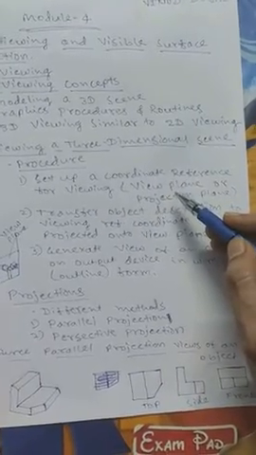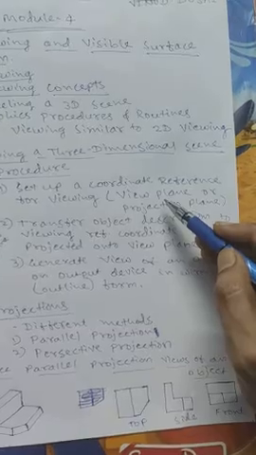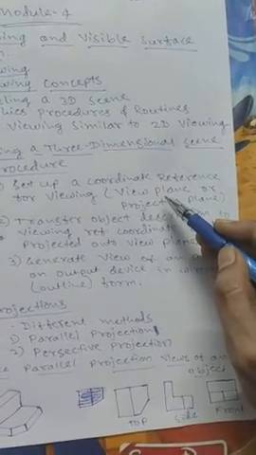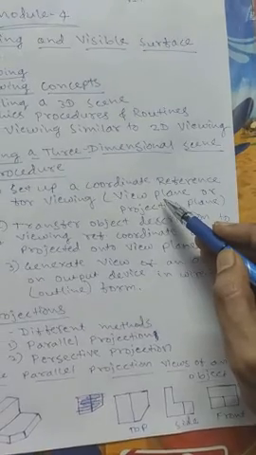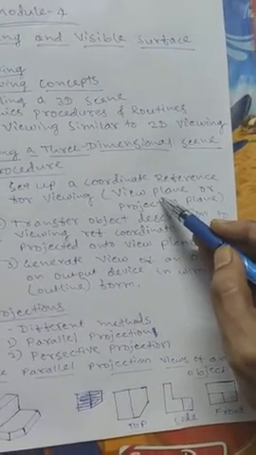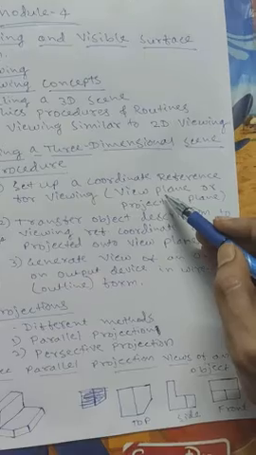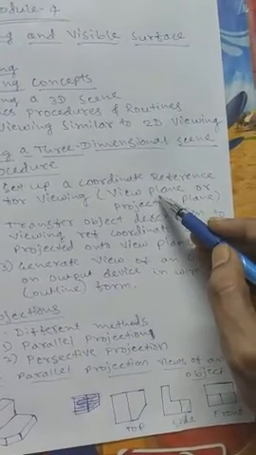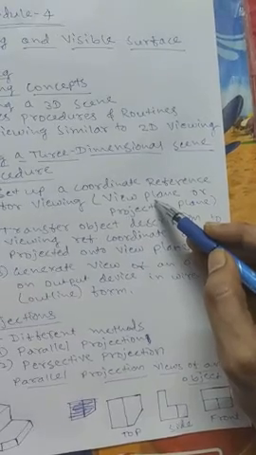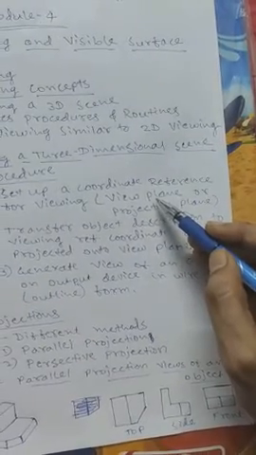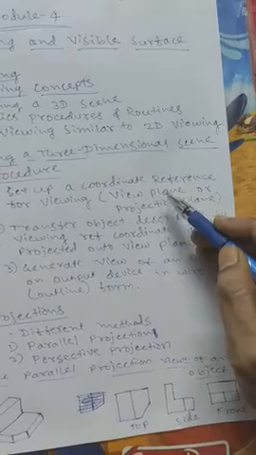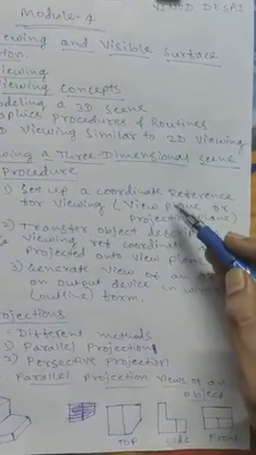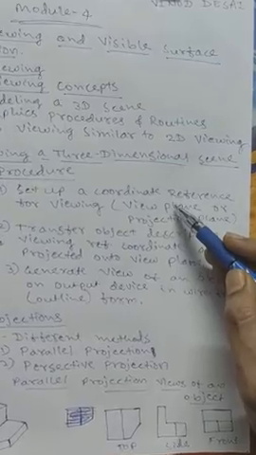This coordinate reference frame will define the position and the orientation for a view plane. The view plane is nothing but the projection plane here. Basically this view plane or projection plane corresponds to the camera plane, which is nothing but the camera view. That is the very first step.